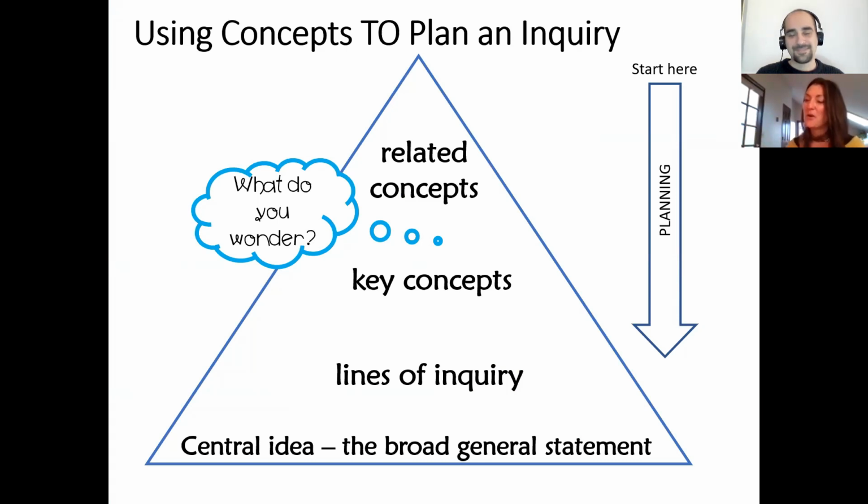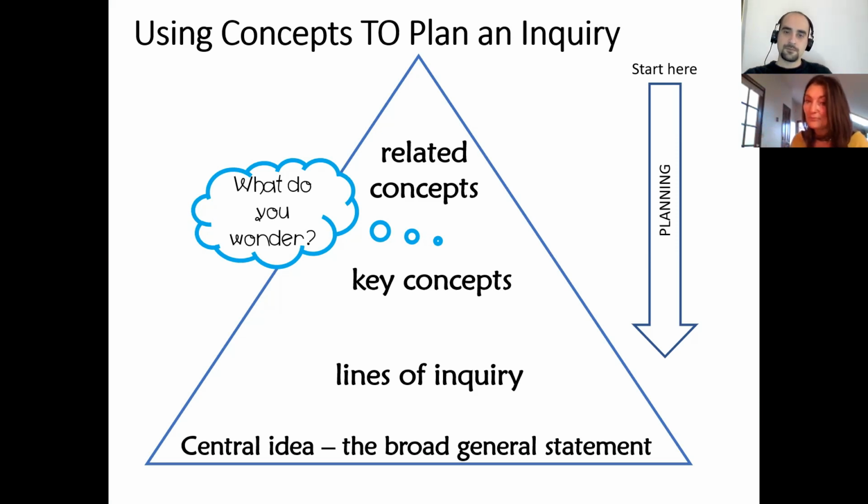So this model I use when co-planning, and in effect, this is what the children are doing in the exhibition groups. They start by identifying their theme, their issues, their related concepts, what it is that they are curious about, where they want to take their inquiry.